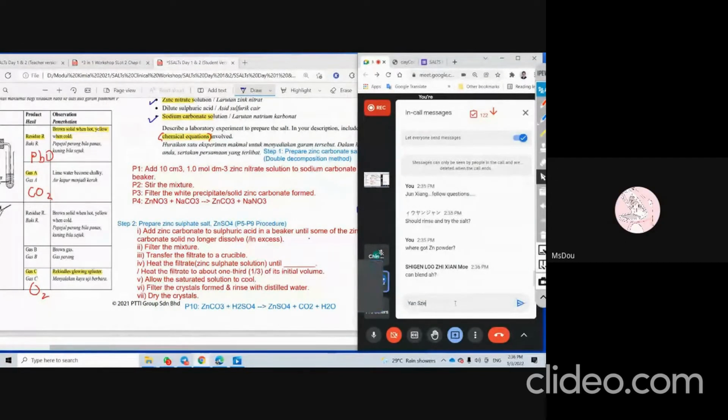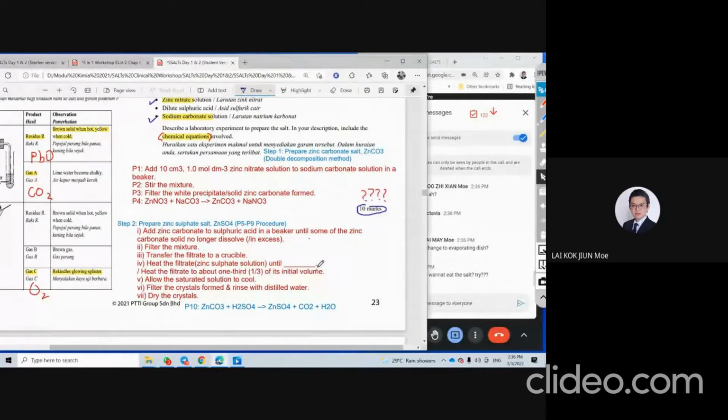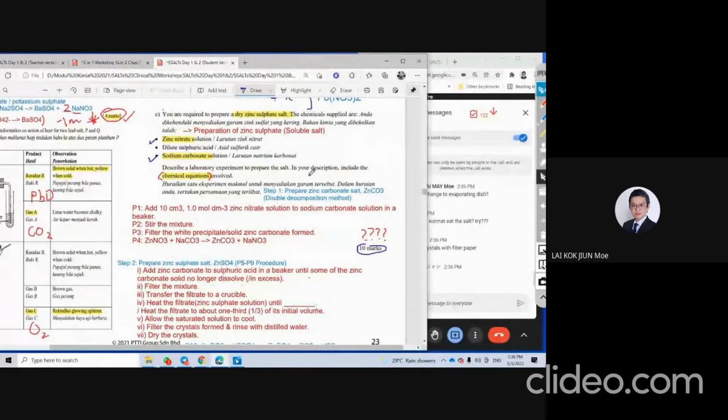Teacher, does sodium carbonate need a number in front? Sodium carbonate must add the number in front? Okay, sodium carbonate. We follow the question, and the question didn't say the molarity.